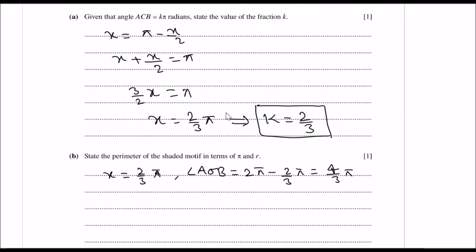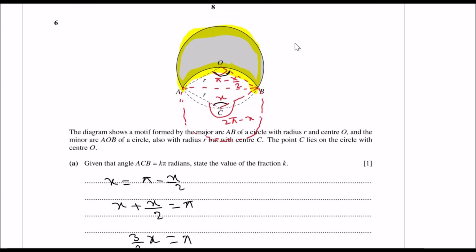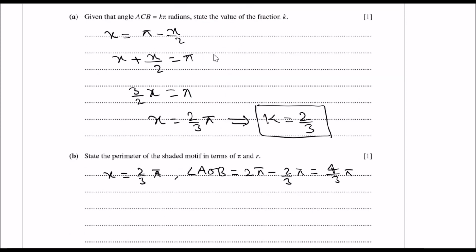Okay. So suppose I mark this one arc 1, look at this. Let me mark by this one. This is our arc 1 and this is our arc 2. So arc 1, let's find the arc length.